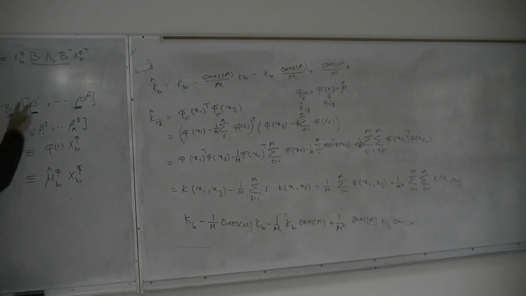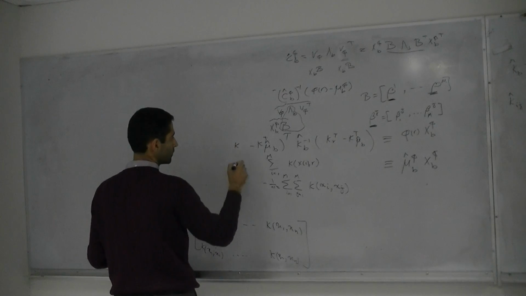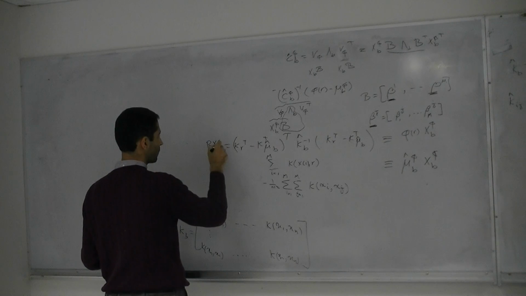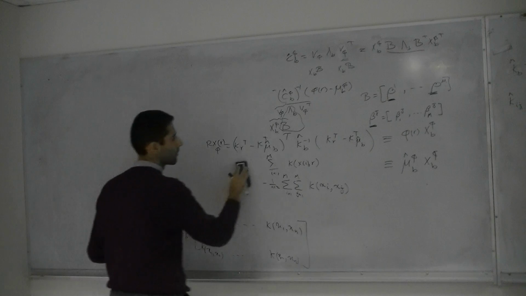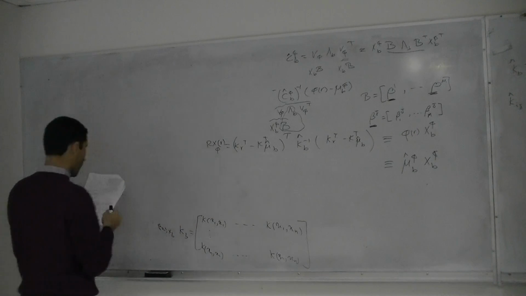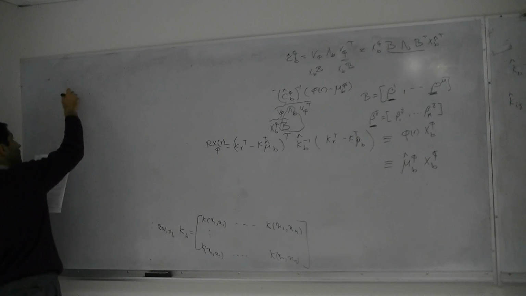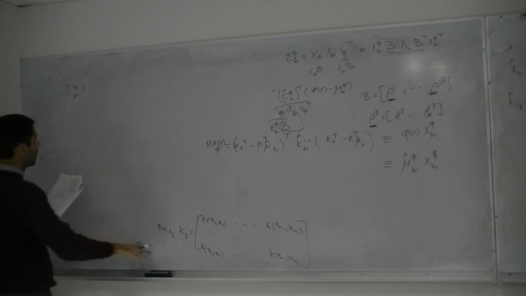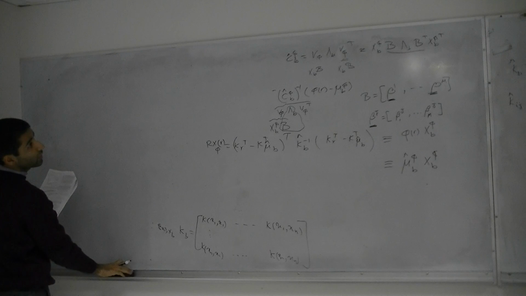And for this middle value, okay, let me start from here. We have the eigenvalue and eigenvector.